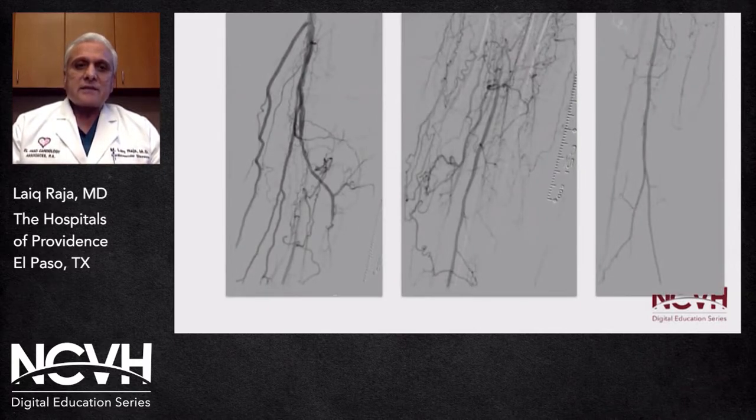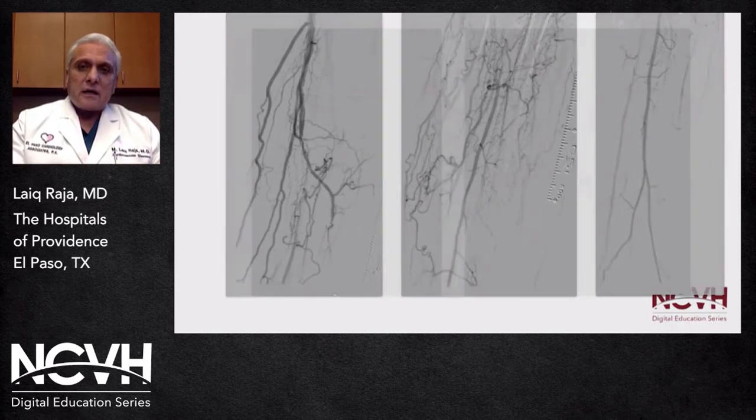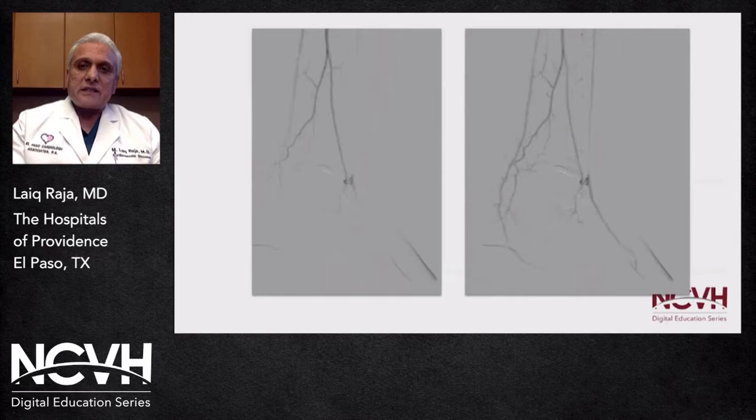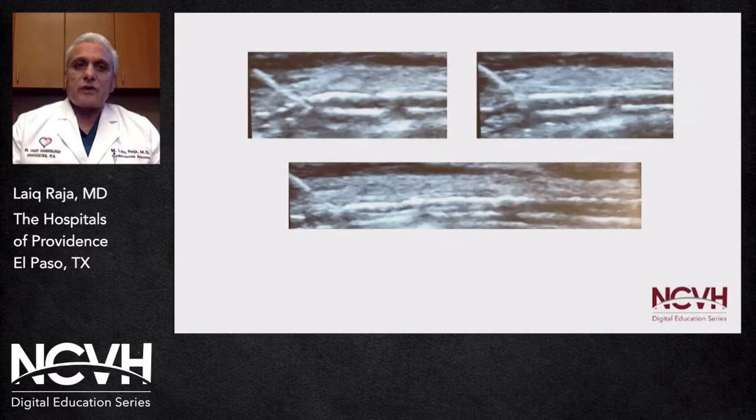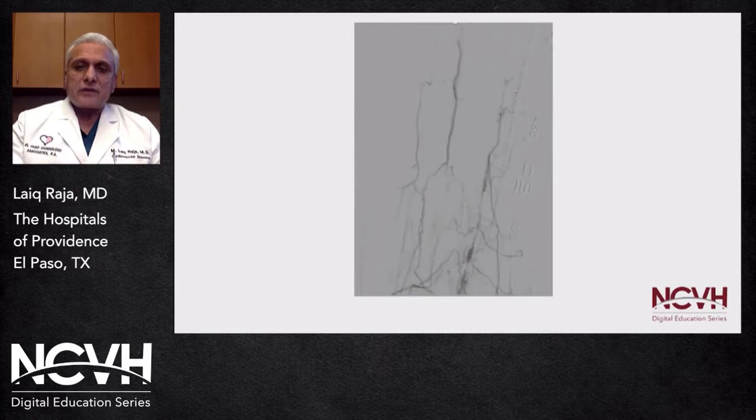So in this case, here you can see that it has a very nice tibial reconstitution. So this is excellent for retrograde access and utilizing the tibial vessels to do intervention. You can see here severely calcific vessels, but under ultrasound an access is obtained, and this is a retrograde injection.